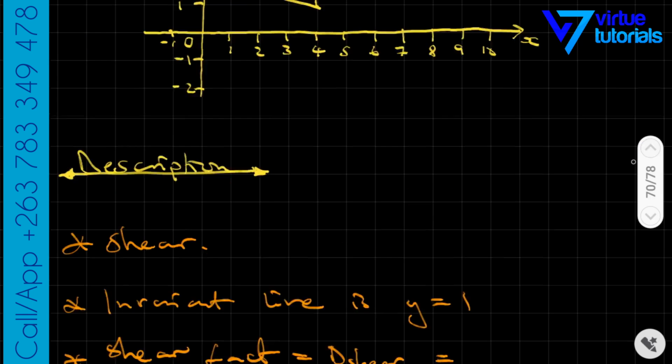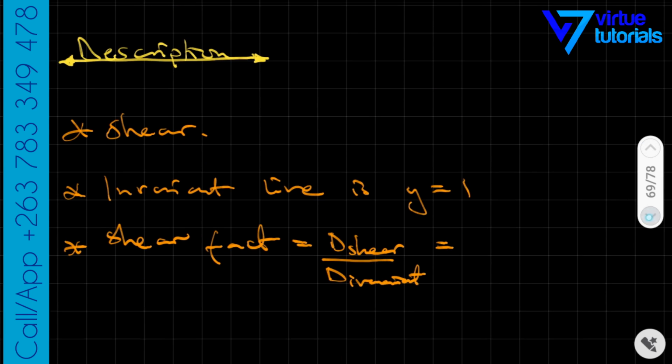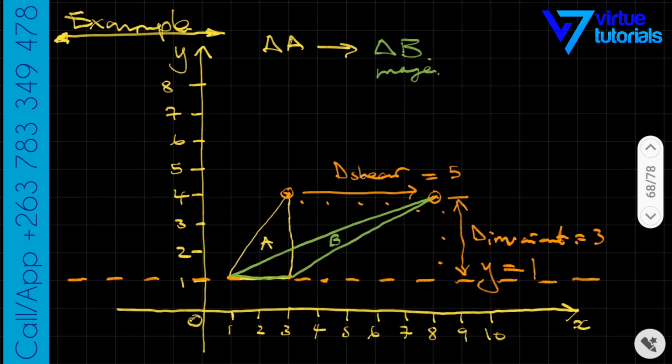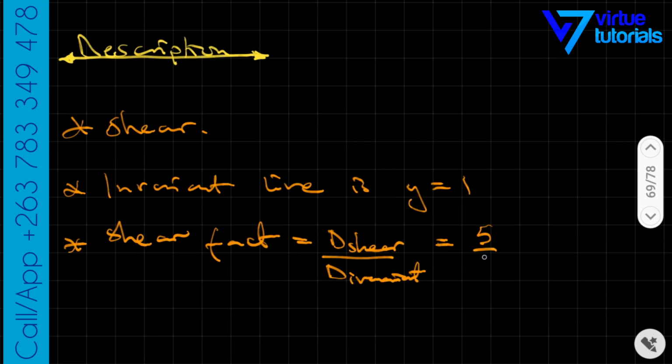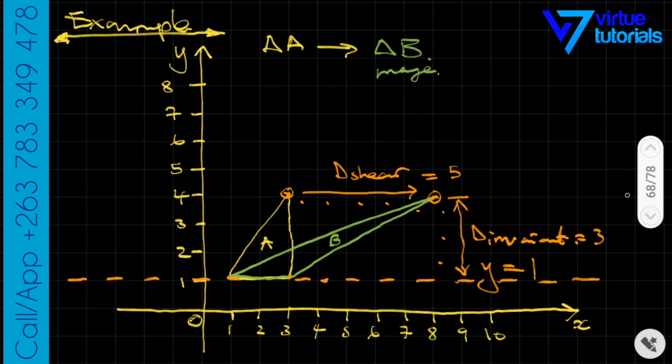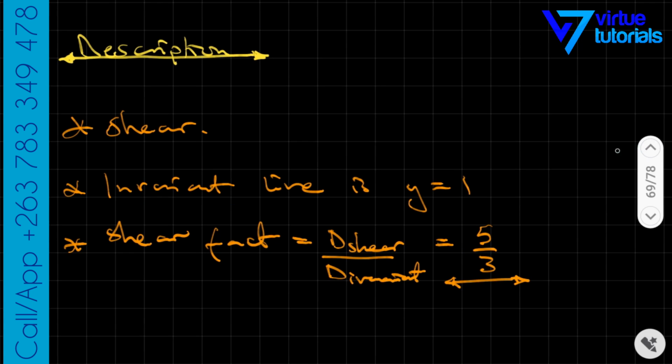So our distance moved by the sheared point was 5. Our distance to invariant was 3. So our shear factor was 5 over 3. So this transformation was a shear with an invariant line of y is equal to 1 and a shear factor of 5 over 3.